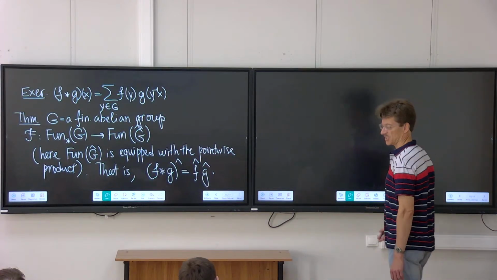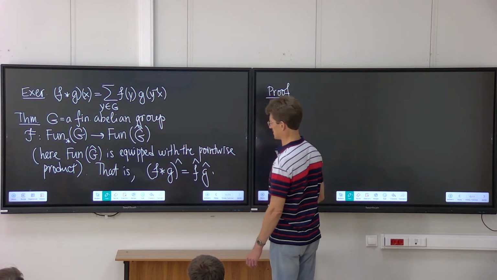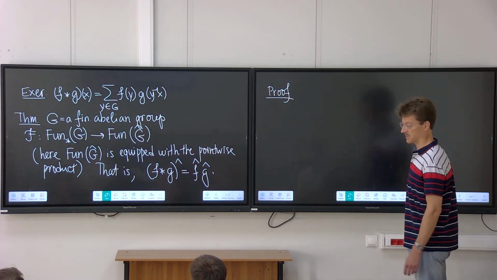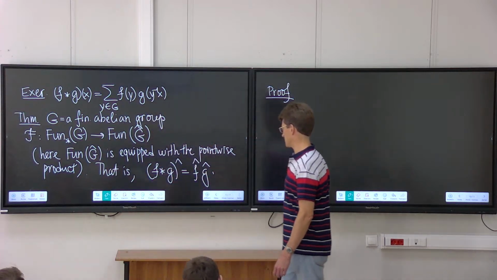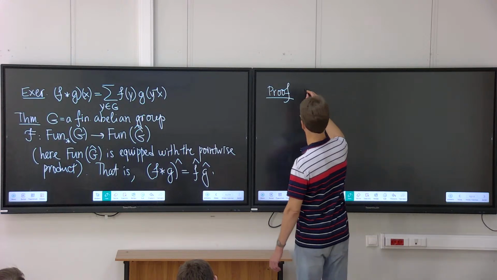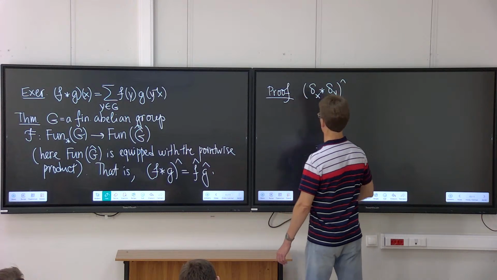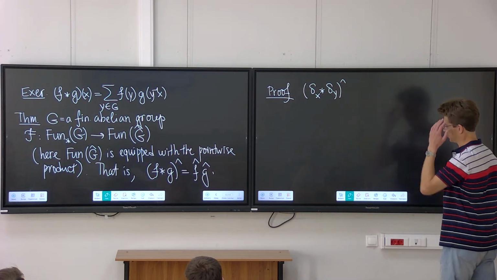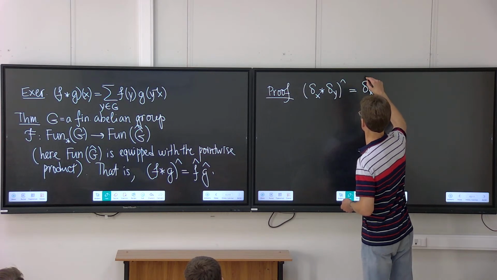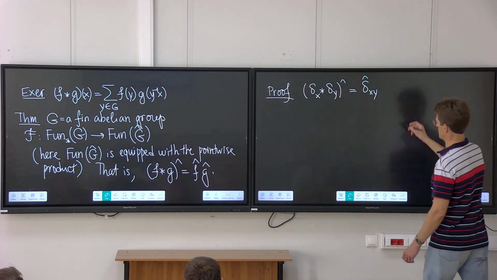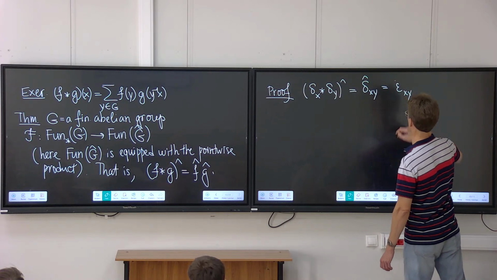The proof is just a line. Clearly, it's enough to prove this equality for a suitable basis in Fun of G. So let's take the basis consisting of delta functions. By definition, the convolution of delta functions is the delta function concentrated at xy. And we know that the Fourier transform of a delta function is the respective evaluation character, epsilon xy.